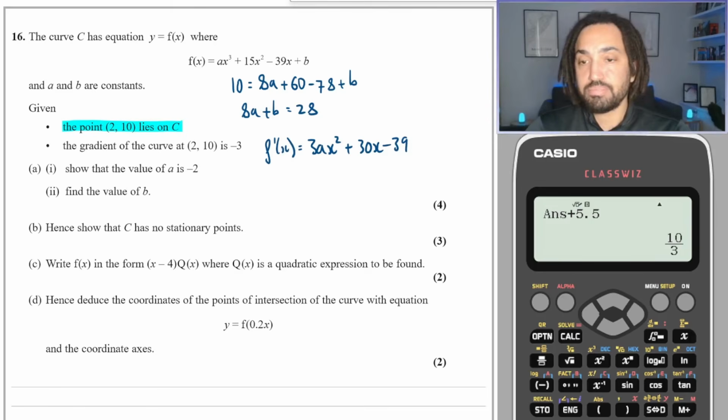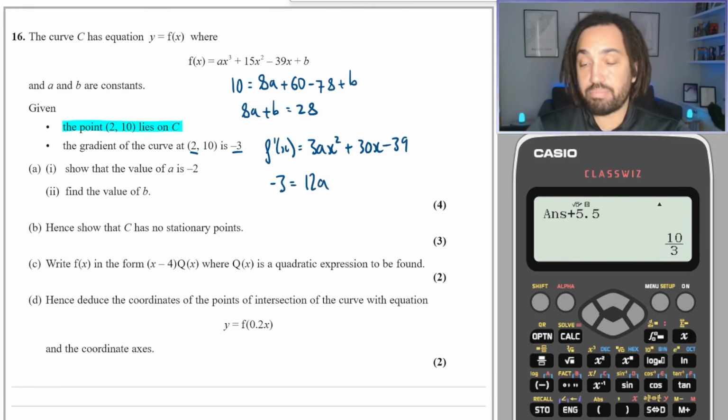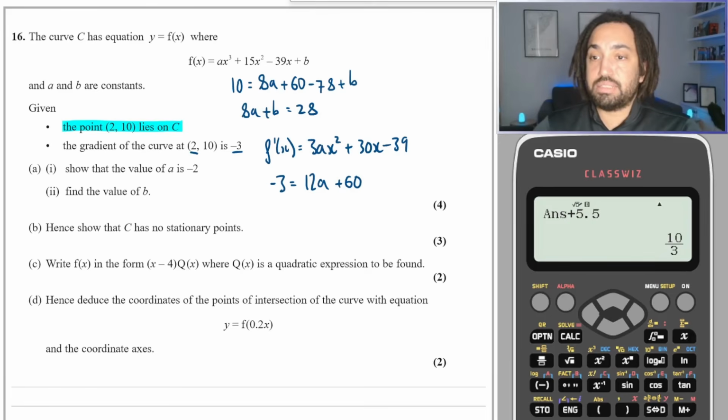Brilliant. And I know that if I sub in an x value of 2, I'm going to get a gradient of minus 3. So minus 3 is equal to 2 squared is 4, times 3 is 12, times a, plus 2 times 30 is 60, and minus the 39.